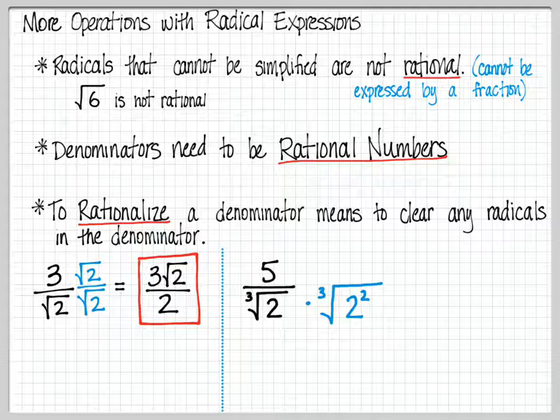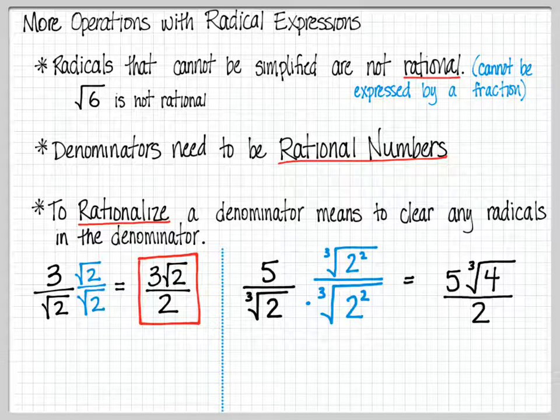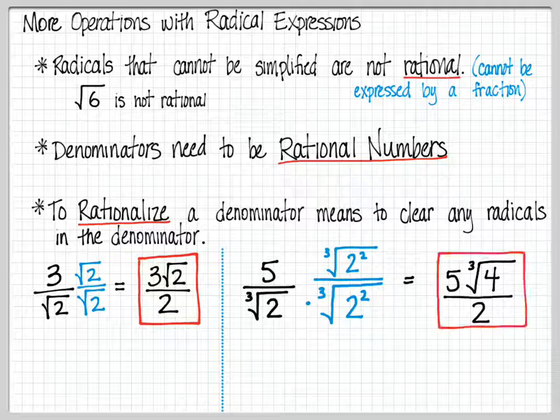So I'm going to multiply by the cube root of 2 squared, because the cube root of 2 times the cube root of 2 squared is going to give me the cube root of 2 cubed. But you can't just multiply the denominator only. We have to multiply the numerator as well. So we end up with 5 cube root of 2 squared, which is 5 cube root of 4. And since we now have the cube root of 2 cubed, that's just 2. And so we have rationalized the denominator.